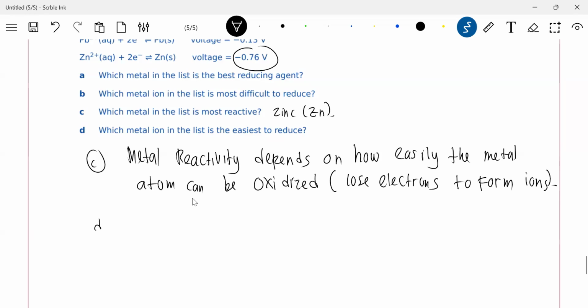And then for number D, which metal ion in the list is the easiest to reduce?